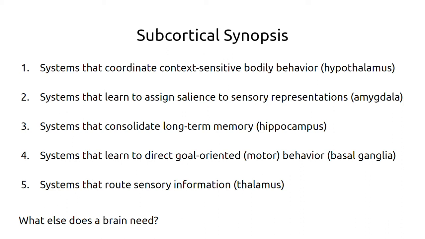We've got something that can consolidate and form long-term memories, the hippocampus. We've got something to learn goal-directed behavior, a sequence of actions that lets me get to a goal. That's the basal ganglia. And we've got systems for routing information around that let us control what's going on in the brain at different points in time.